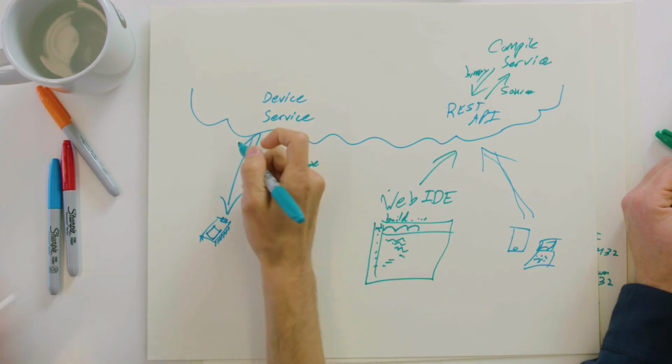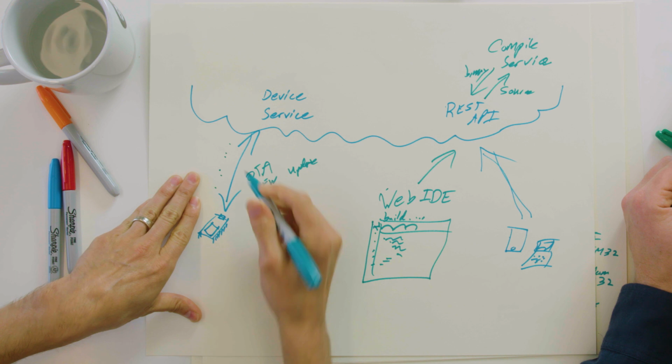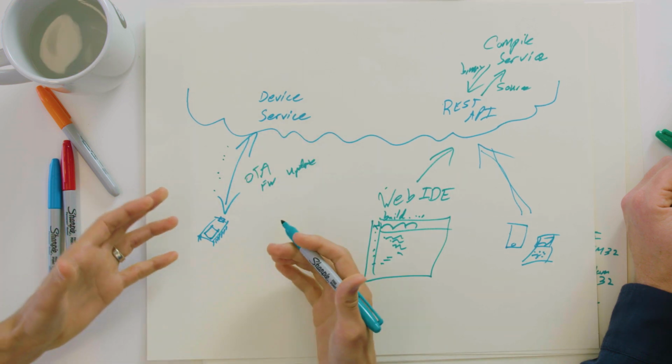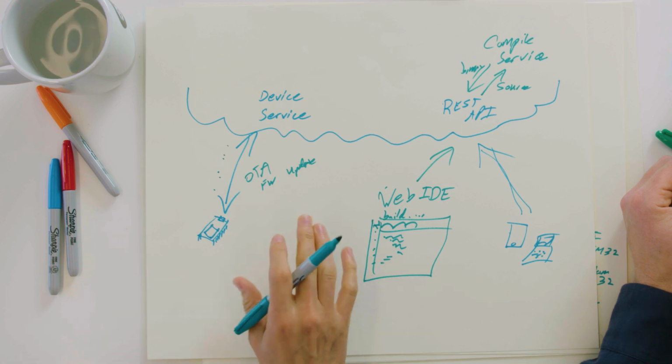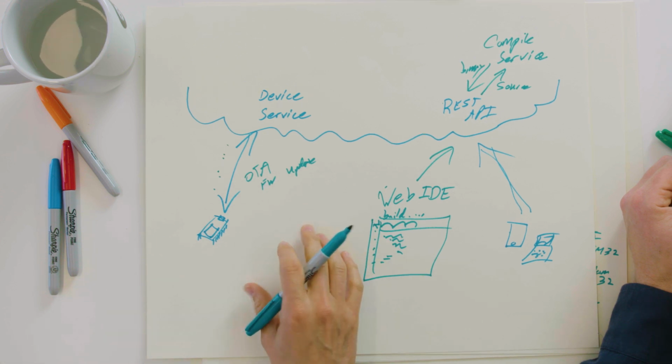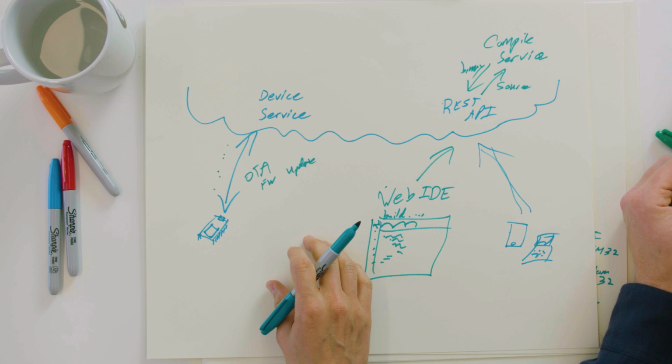Yeah, exactly. In the device service and some other intermediate services, you take that binary, chunk it up, create checksums for each chunk, and send it down to the device. Each time you send one down, the device checks the checksum and stores it in a certain place in the spare flash that you've got reserved for this job.